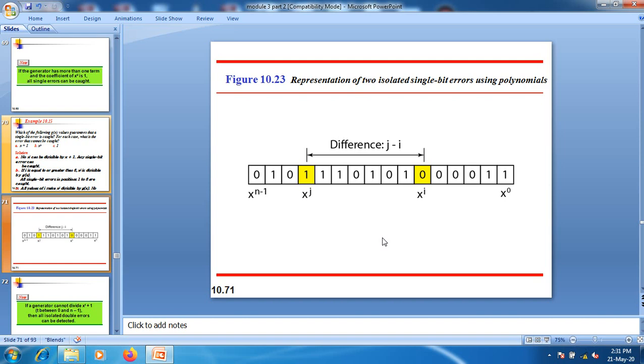Suppose my generator polynomial has more terms, and the coefficient of the x naught term is 1. In that case the x to the power i term cannot be completely divisible by the generator polynomial, and we are left with the second term, that is x to the power j minus i plus 1.